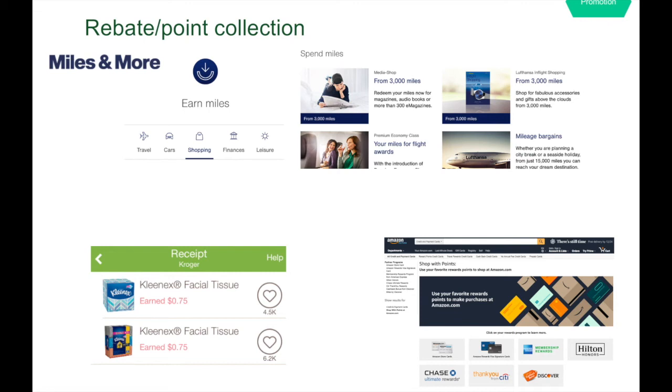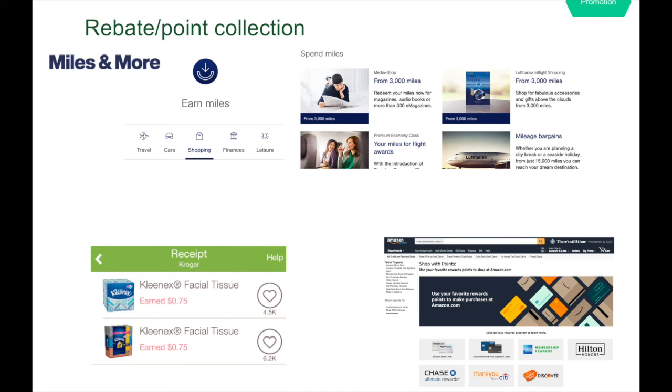You earn miles by flying, or by shopping in certain locations, and then you can spend these miles. There is a shop where you can buy different items and pay with your miles, or you can use them for upgrades on your flights or any other services that you consume in the defined network of Miles and More.